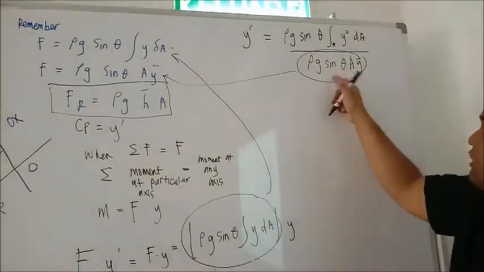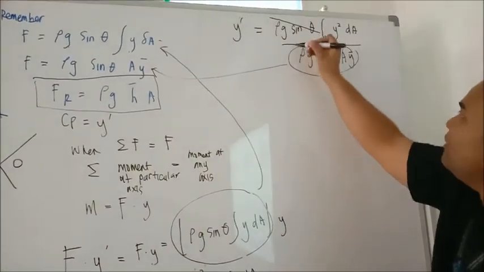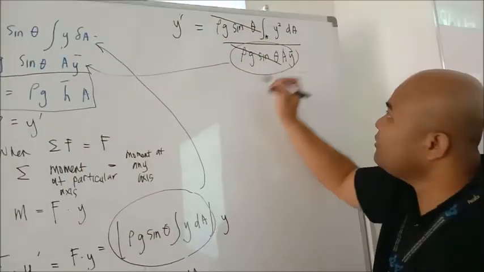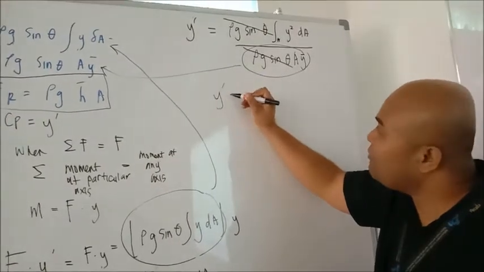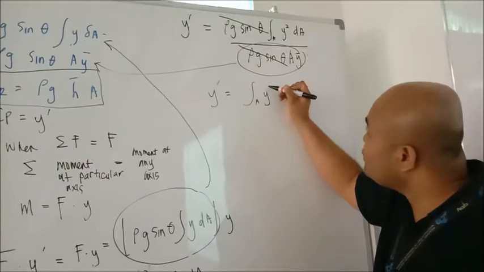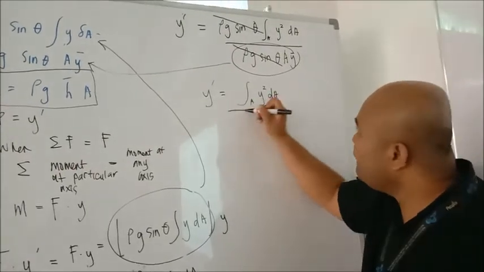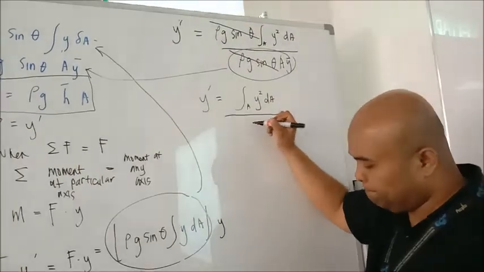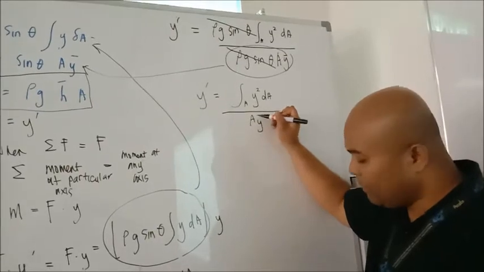So what happened to this equation when this is eliminated by this? Now we get y prime equals the integration of A y squared dA divided by A y bar.